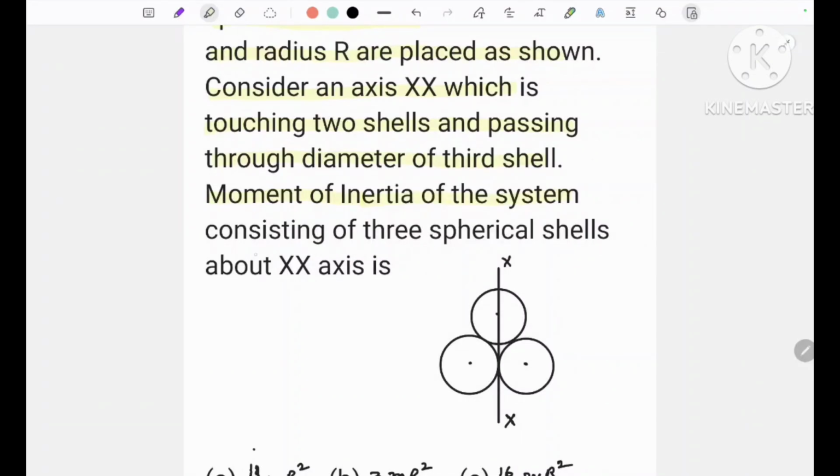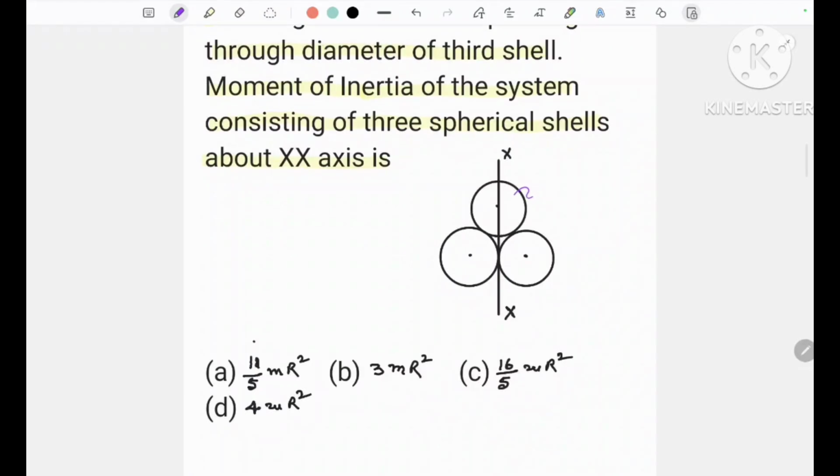Moment of inertia of the system consisting three spherical shells about xx is cell A, cell B and cell C. Ixx will be moment of inertia of cell A about xx, Ia, moment of inertia of cell B about xx is Ib, and moment of inertia of C about xx.